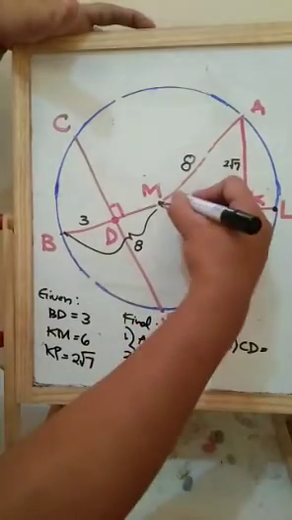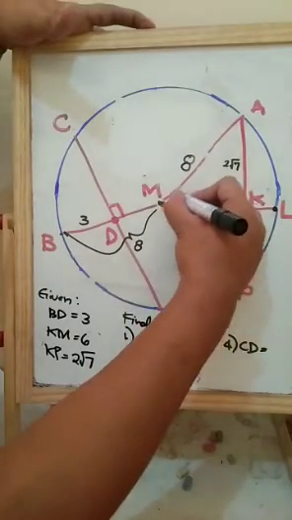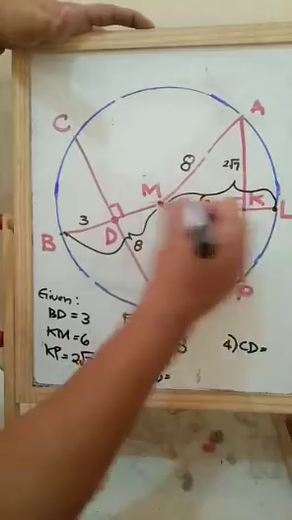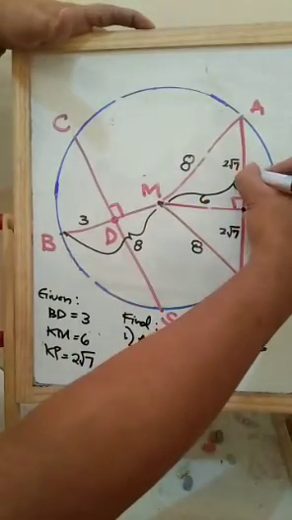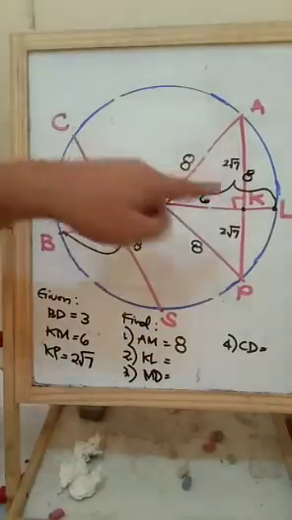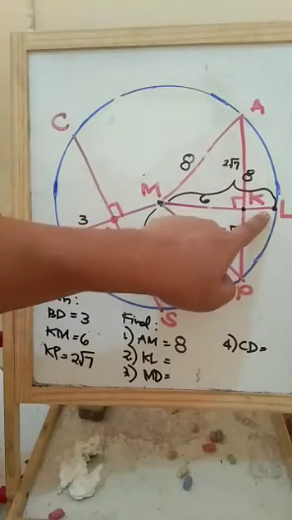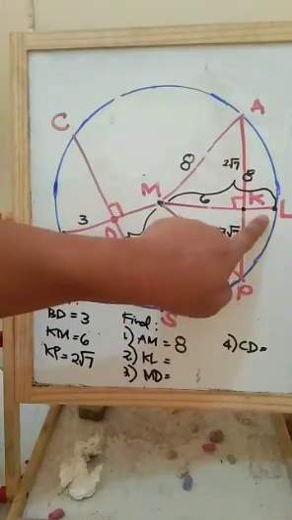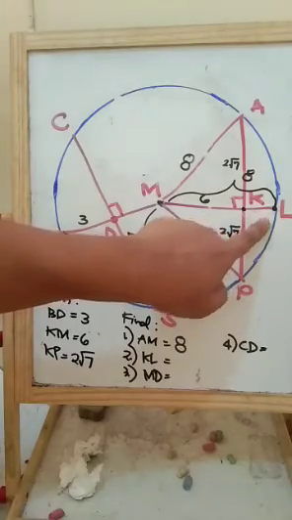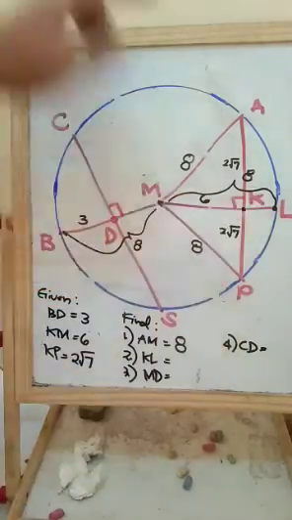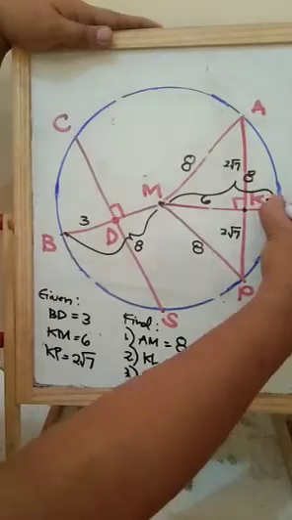And this would also measure 8. Yung ML na to, this would also measure 8. So to obtain this small portion, you will simply deduct 6 from 8. So the answer is 2. So 2 na ito.